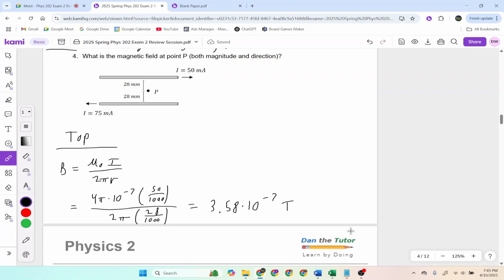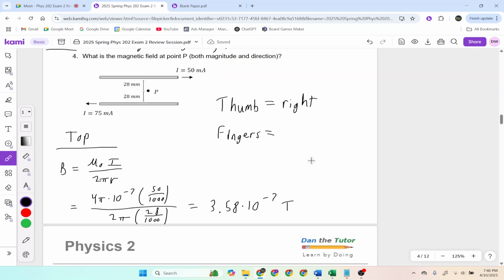Now, one more thing, since we're still on the top wire, we should find the direction. How can I find the direction? Oh, I use the right-hand rule, of course. So thumb points in the direction of the top wire. So in other words, don't write this down, just do it. Thumb points right. Your fingers are going to point from the wire to the point.